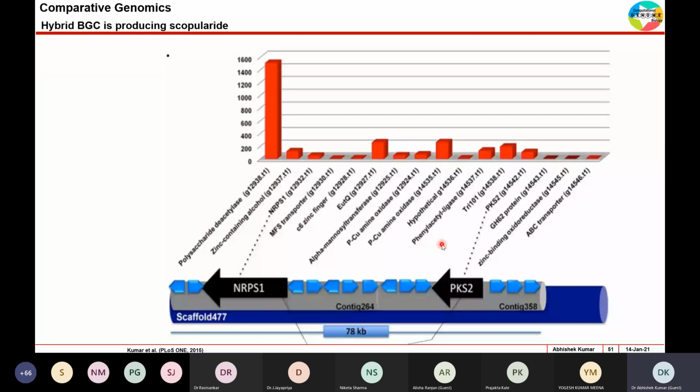A transcription factor is required, which is a zinc finger here, and a transporter is required. All other components are required. So in different conditions, how are they expressing? If you want production of these two, these two have to be in a coordinated way. You see that there is not much difference in the expression of these two.